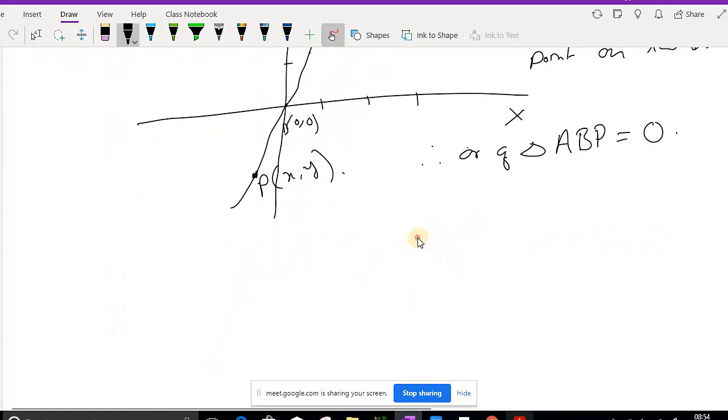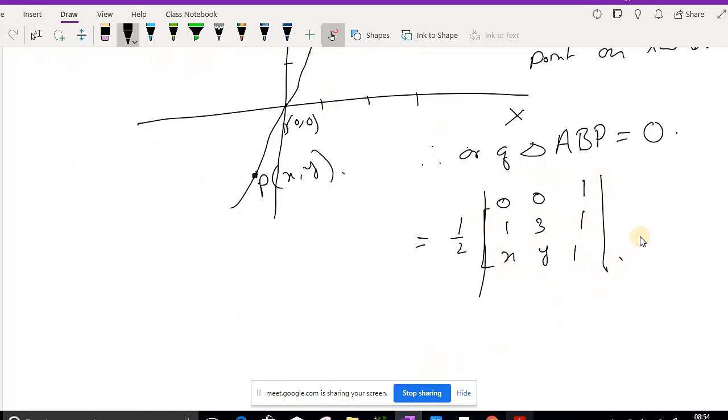Area formula to determinant use kori jodi ami likho, so this will be half of the determinant: point A, 0 0 likhi diyo, bottom 0 0, 1 here, 1 next 1 3 1, tar pisot x y 1.